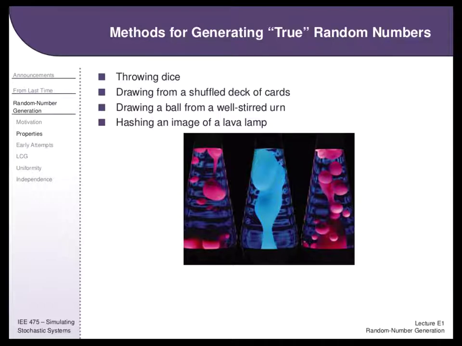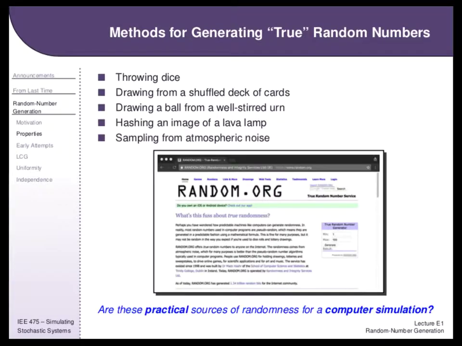That's called hashing. So, hashing an image of a lava lamp. They're using the movement of the lava lamp to generate these random numbers. That might actually do a good job at uniformity, but I can't imagine this lava lamp moves that fast, so the hash at 1 second might be very similar to the hash half a second later. So not necessarily a great randomness source.